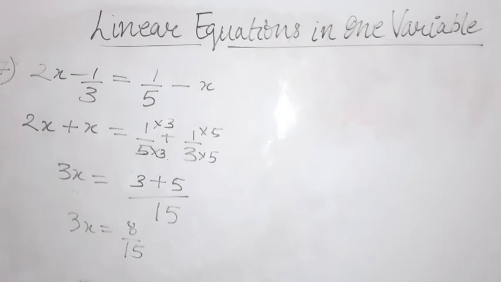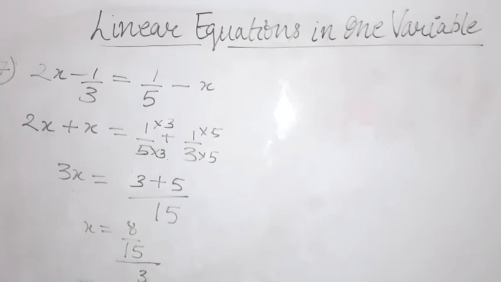As you can all see, this 3 is in multiplication with x, right? So now to solve this, we have to divide both sides of the equation by 3, or this 3 will go to the right hand side. This is 8 upon 15, and this 3 is in multiplication with x. Once I shift it to the right hand side, it will be in division.